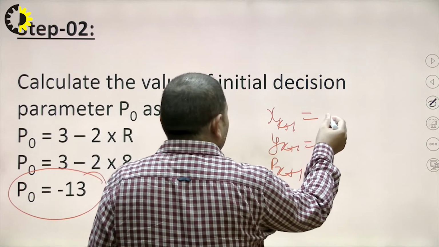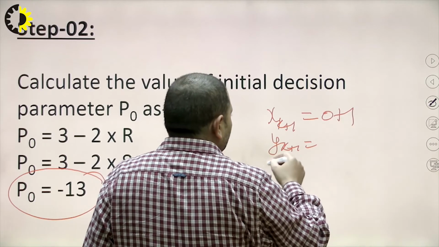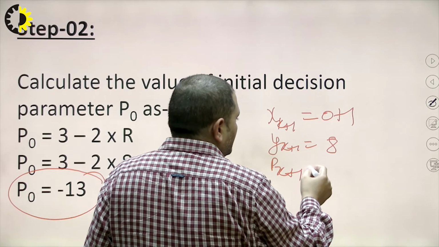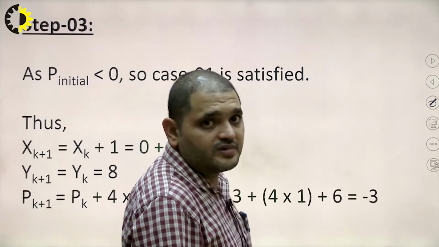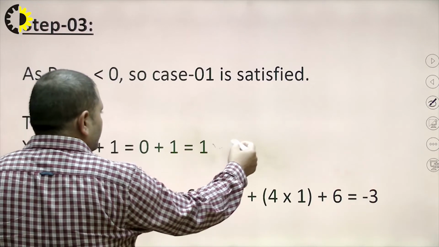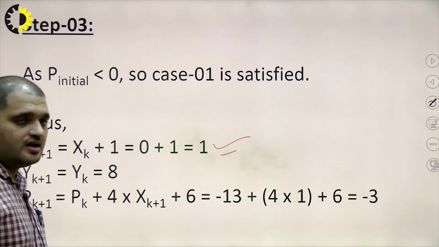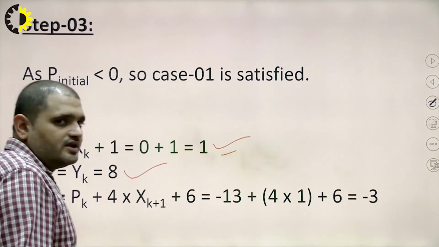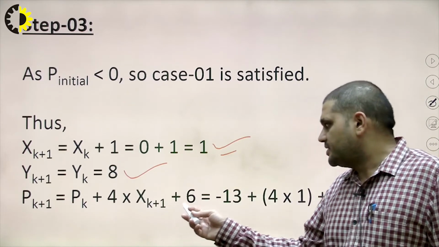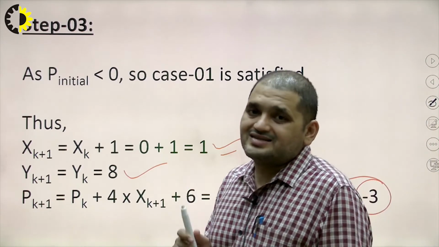Next point in this will be, starting from 0, we will get 0 plus 1, y is taken as 8, so it will remain at 8, and we can find the value of pk. So here it is, xk plus 1 equals 0 plus 1, that is 1, y will remain the same, we have taken y equals 8, that is r, and the new value of the decision parameter, that is pk plus 4 xk plus 1 plus 6, will be minus 3, and again the pk value is less than 0.